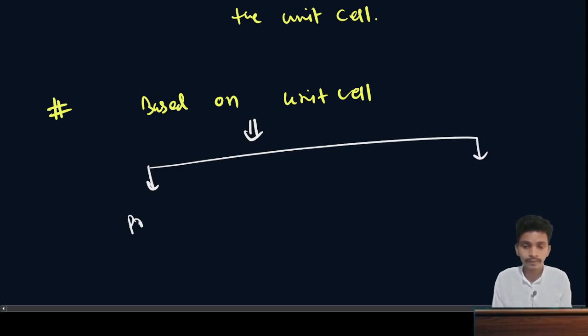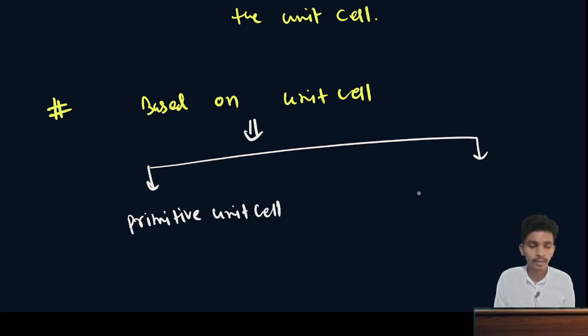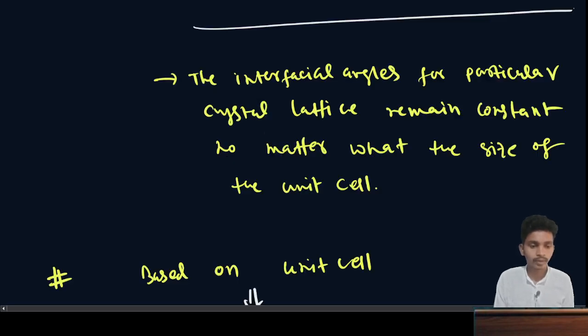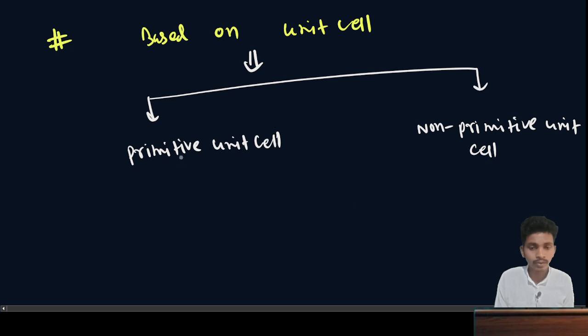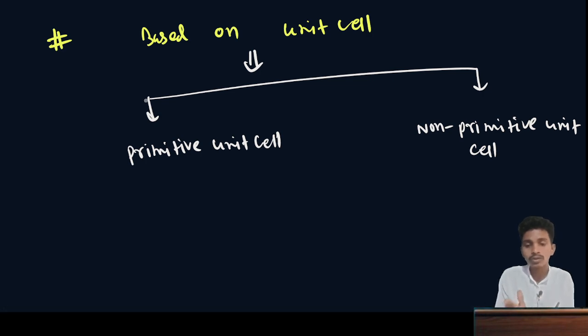One is primitive unit cells. Another is non-primitive unit cells. Okay, so in primitive unit cells, what things are there? This unit cell is made by the lattice points. So in primitive unit cells, the lattice points are present only on the corners of the unit cell.